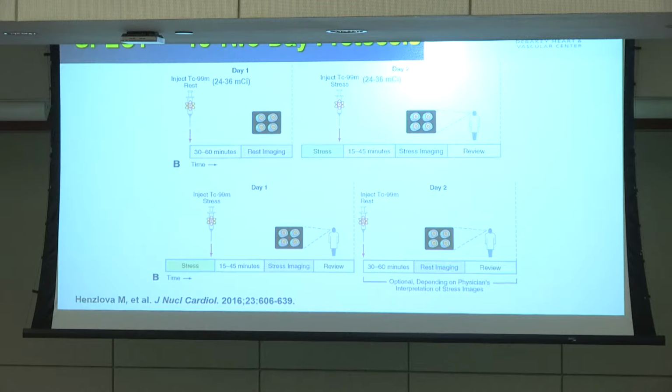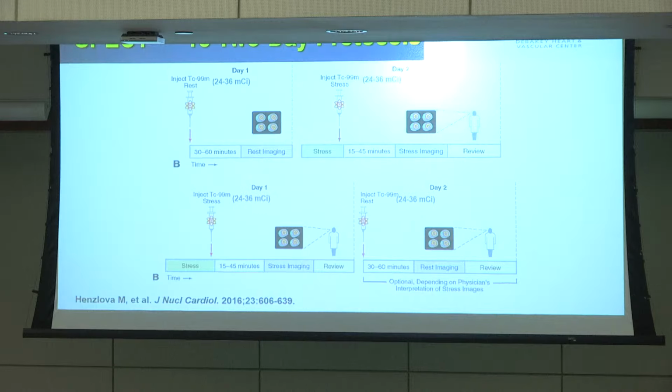Because if your stress images are normal, then you can stop and you don't need to move on to higher doses. So it's technically 1-day versus 2-day protocol, and stress first or rest first. Obviously, if you do stress first, you'll always have the option of canceling the rest dose and lowering the radiation dose significantly for these patients.